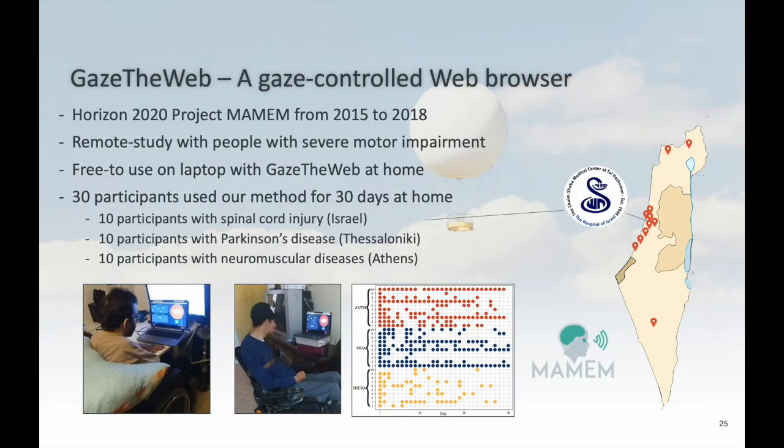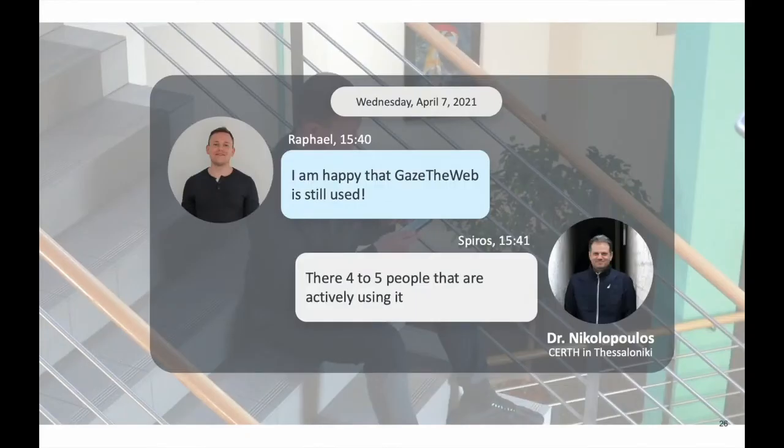So we did specific experiments with these three different user groups. And what was particularly astonishing was that some years after the experiment, so the project ended in 2018, like in 2020 I think it was, some of our friends in Greece came back and said, actually, some of the people still use your browser where you support this gaze interaction.